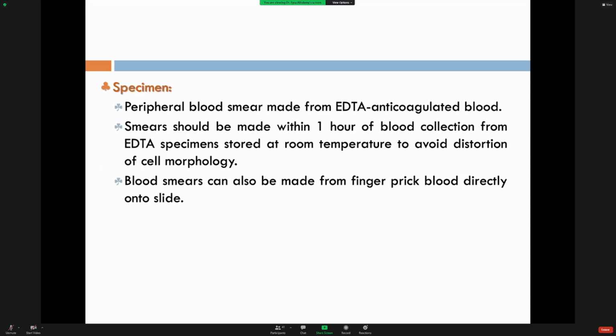Specimen, usually EDTA anticoagulated blood, should be made within 1 hour of blood collection from the EDTA specimen. It should be stored at room temperature to avoid distortion of the red cell or cell morphology. Blood smears can also be taken from finger prick blood directly onto the slide, or through the blood vessel when you collect the blood.